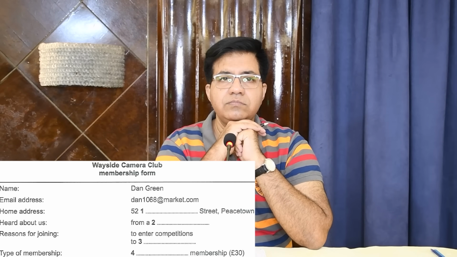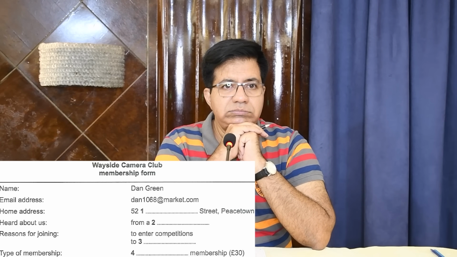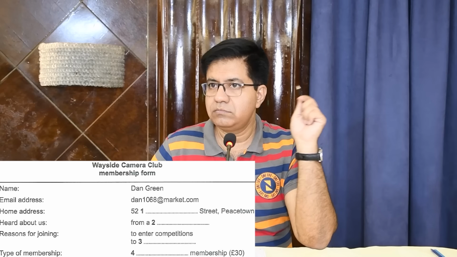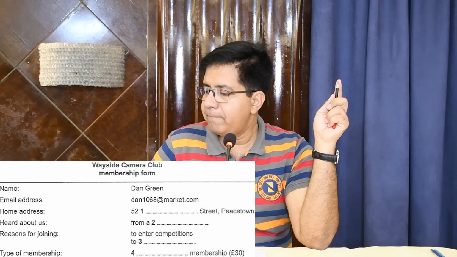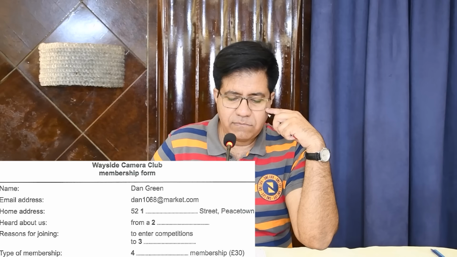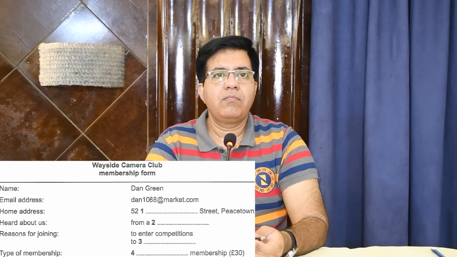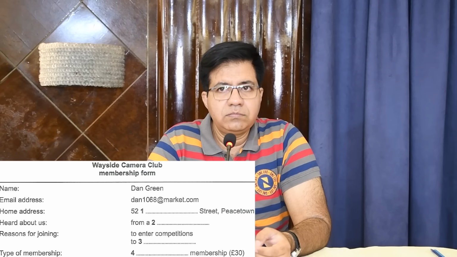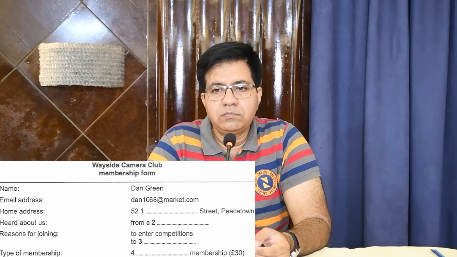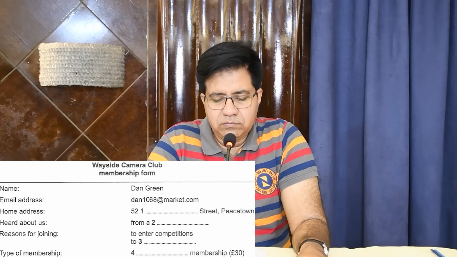Part 1. You will hear a man talking to the coordinator of a photography club. Hello, Wayside Camera Club. Breeder speaking. Oh, hello. My name's Dan, and I'd like to join your club. That's great, Dan. We have an application form. Would you like to complete it over the phone? Then you can ask any questions you might have. Oh, yes, thanks. Okay. So, what's your family name? It's Green. Dan Green. So, can I take your email address? Yes, it's dan1068@market.com.